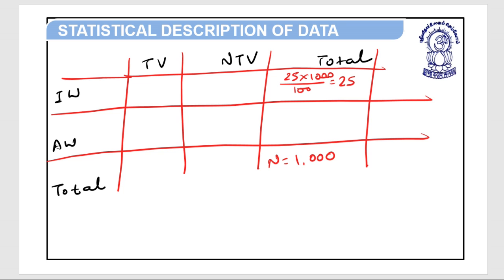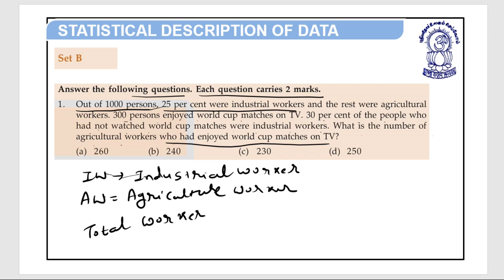So 250 industrial workers. Okay. So we can get the AW, agriculture workers: 1000 minus 250 is equal to 750. Okay.